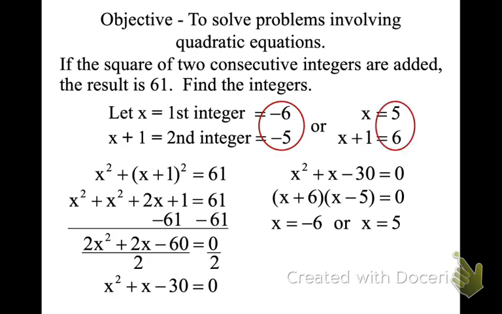Again, we're usually going to put it in the braces. Negative 6, negative 5, or 5 comma 6. Okay?